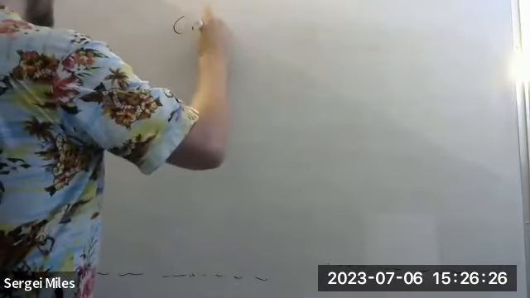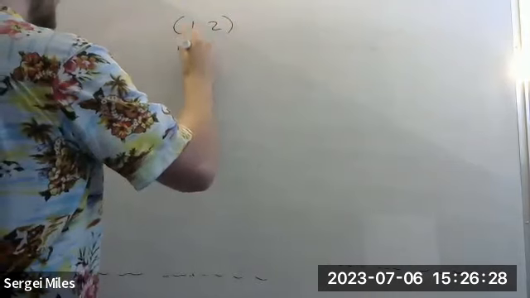So what does that actually look like? Well, if we're thinking about 2-dimensional, we know that an ordered pair such as (1, 2) is an ordered pair.